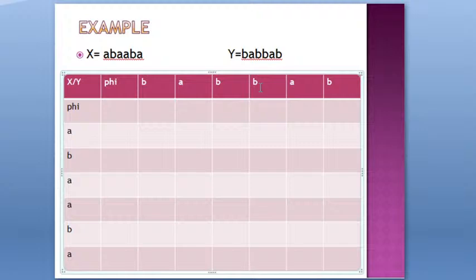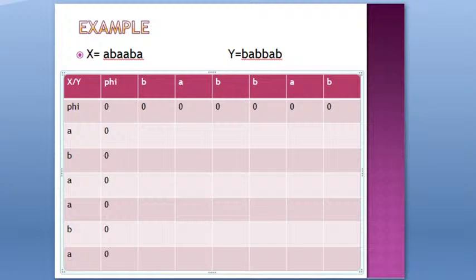Now, if I follow the algorithm, all the first row and first column values will be filled with 0. According to your algorithm, all the first row values and first column values will be filled with 0, so I do the same thing here. I put all the row values as 0, and similarly all the column values as 0.